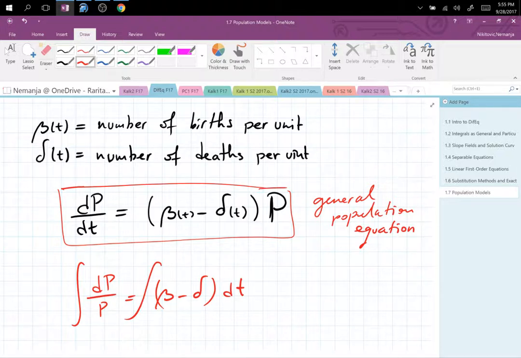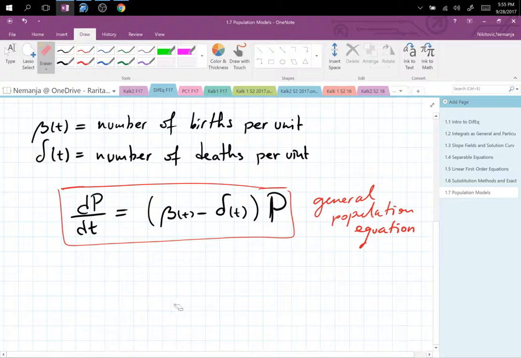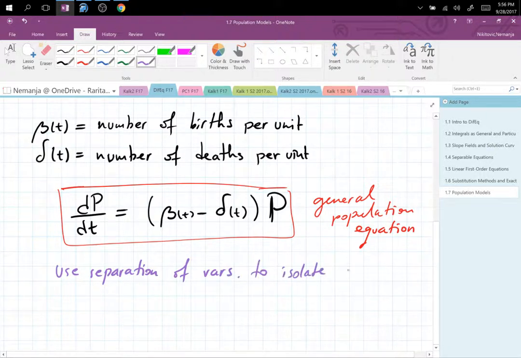You are going to have more interesting cases. So I will just say use separation of variables to isolate P's and t's. So you will figure it out.